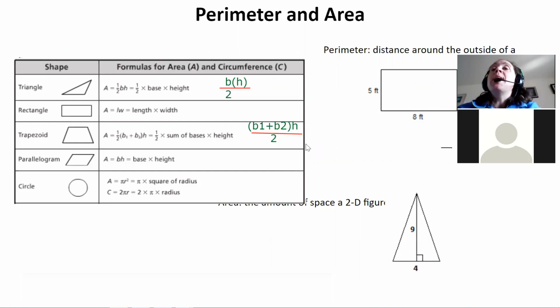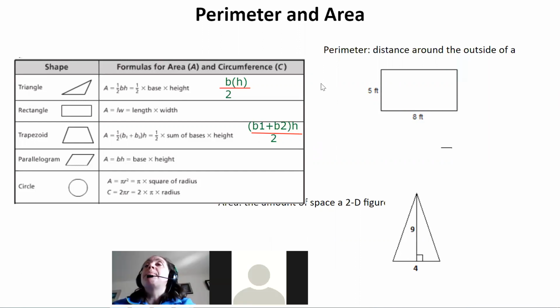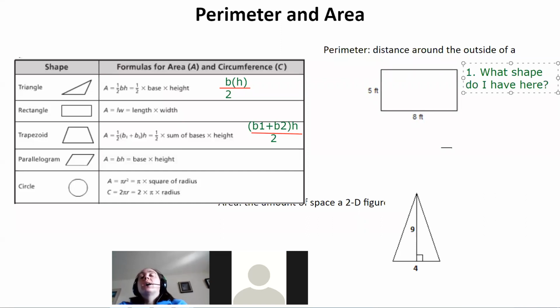So take my rectangle up there. First of all, when you approach these figures, you should be asking yourself, what? Good. Oh, Melissa, that's so good. Extra practice, right? What shape do I have here?